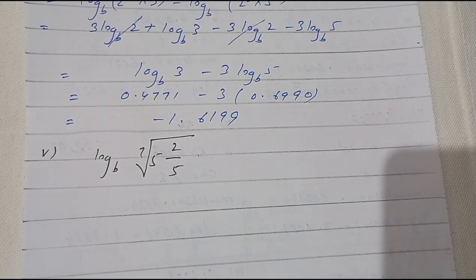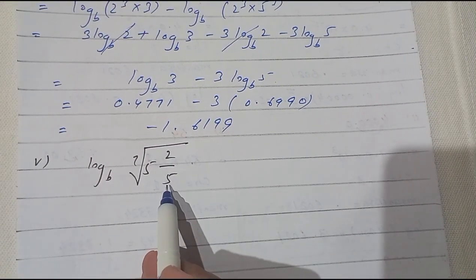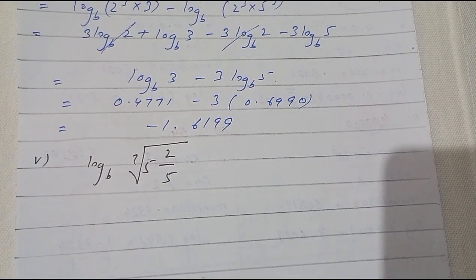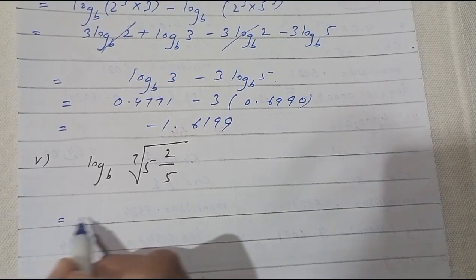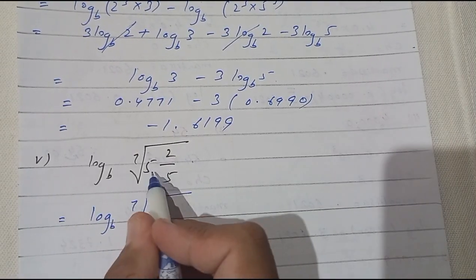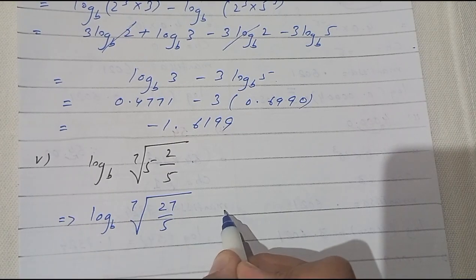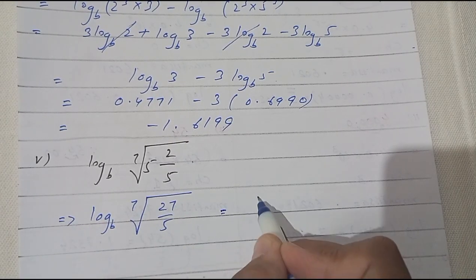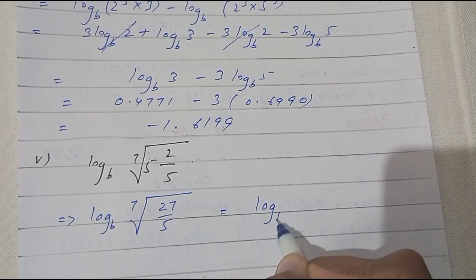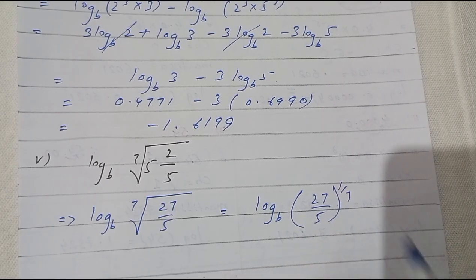So in the last part, first we convert the mixed number into fractional form, that equals 5 5s are 25 plus 2, 27 over 5, and we can write it in exponential form as 27 over 5 to the power 1 by 7.